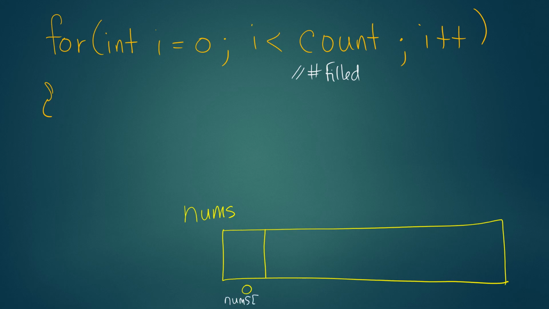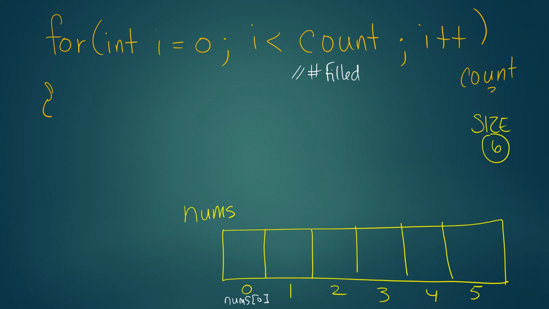This is index 1, 2, 3, 4. If the size of my array was 6, then it would be 0 through 5. So we'll just assume that the size is 6. And we'll assume that the count is 3.